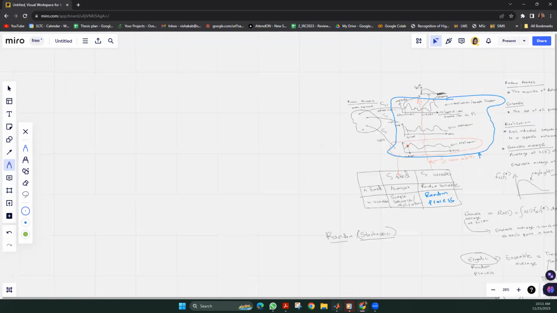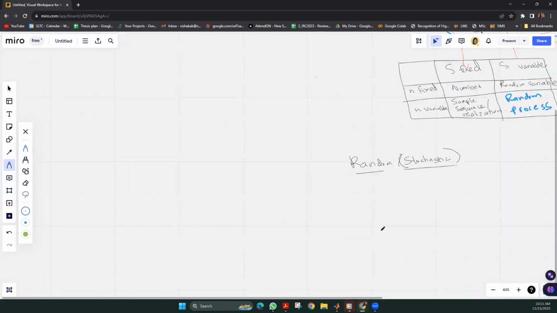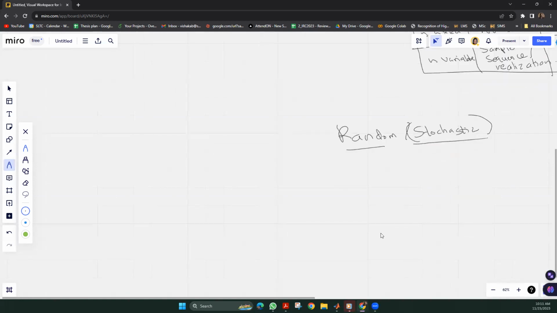For example, there are algorithms called stochastic gradient descent.